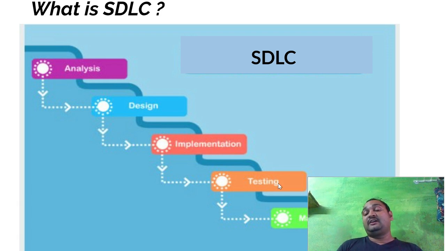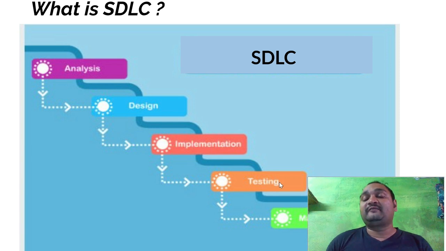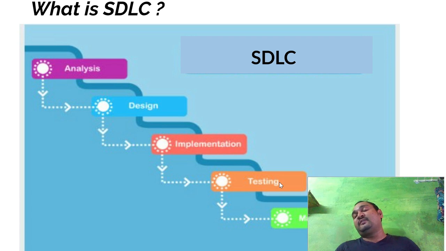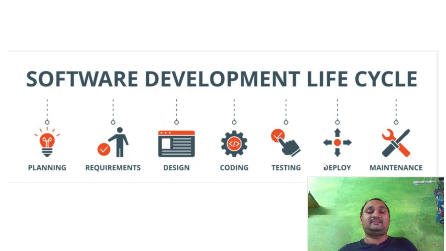Once it is tested successfully, finally the software will be released to the live environment, and the customer can use the software. This is the whole process of development of software, and you can see it in this picture also.